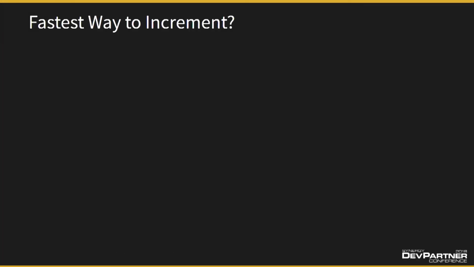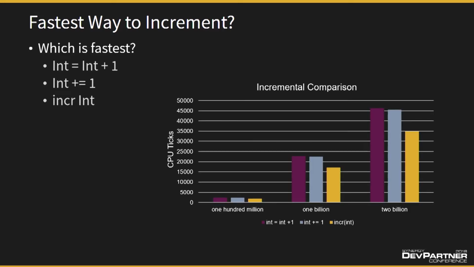Some of you might recall back in Synergy/DE a while ago, there was a debate whether +=1 was faster or if INCR, the increment call, was faster. And there was a debate, well, let's use the profiler to figure it out. So I ran the profiler with these individual subroutines, and I ran it a whole lot of times.